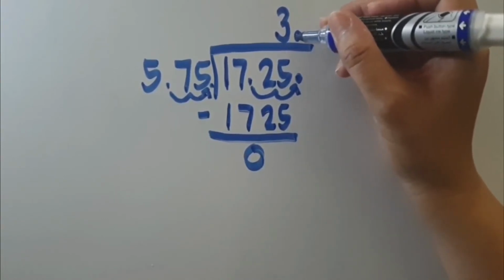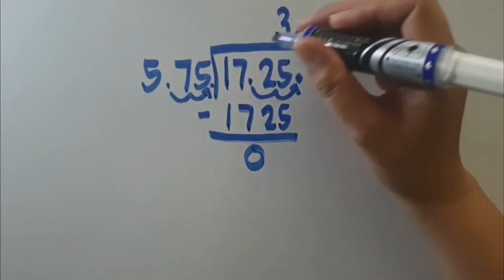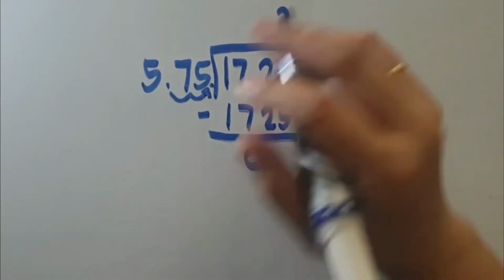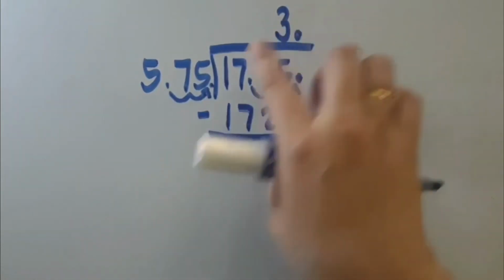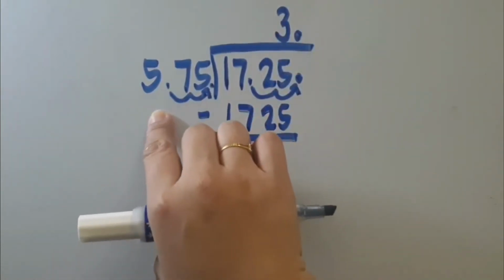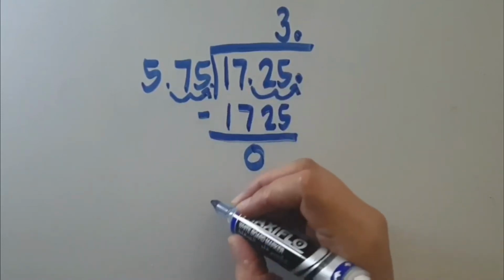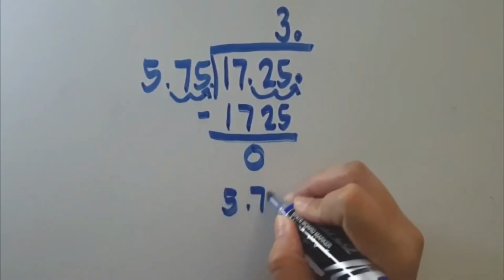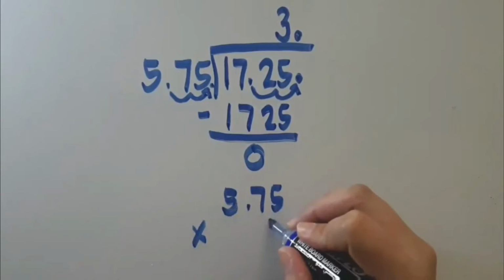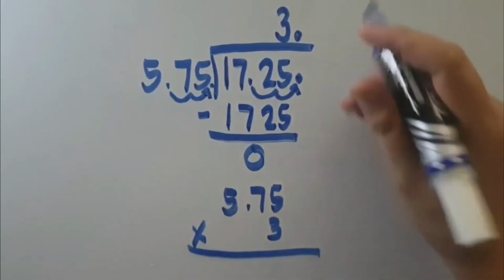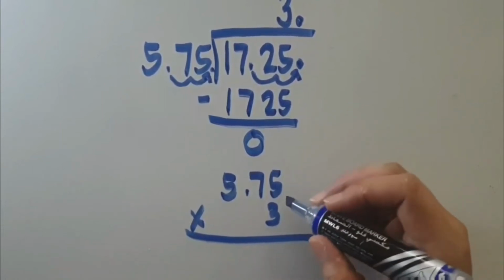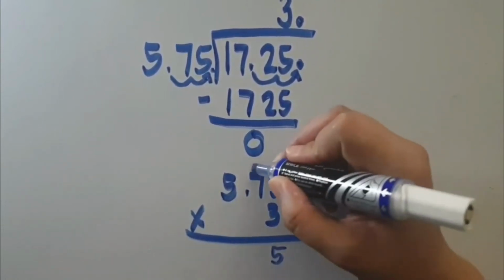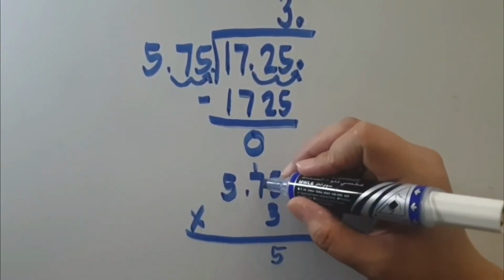Now, let us see if our answer is correct. So, we will follow the same thing to check. You have to multiply the divisor by the quotient. So, we will use the original divisor, that is 5.75. Multiply it by 3. And see if we will get the dividend as the answer. So, 3 times 5 is 15. 3 times 7 is 21.